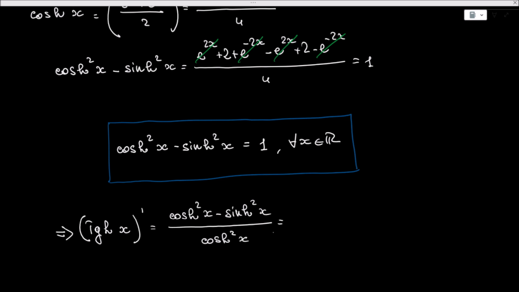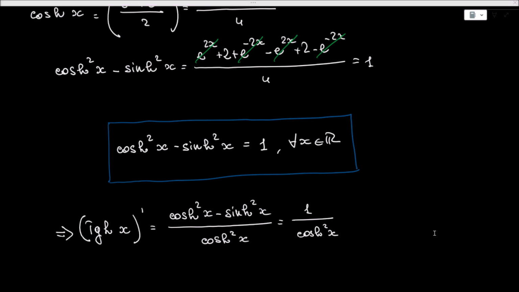But now we can rewrite this as 1 divided by the hyperbolic cosine square of x, which is another relation very similar to the trigonometric counterpart for the derivative of the tangent of x.